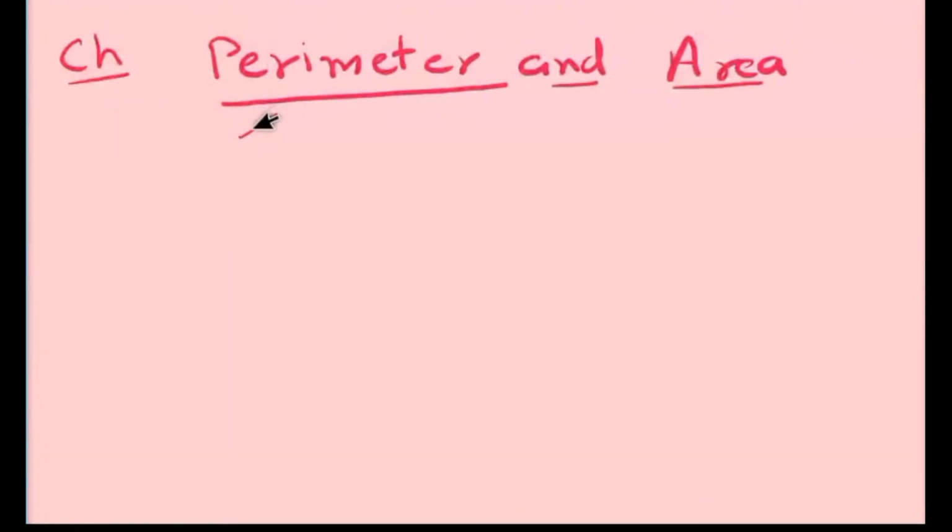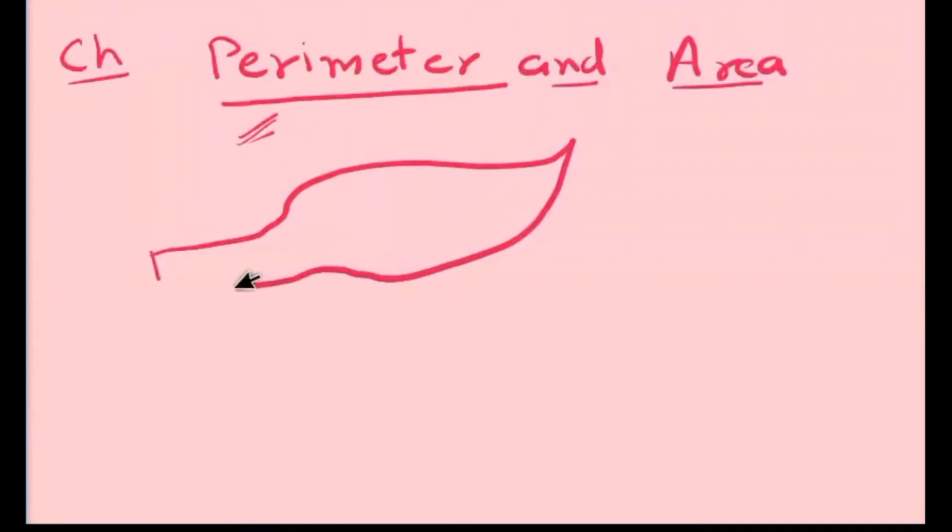So student, first we go through the topic perimeter. We take a shape this way, that is, a leaf. Now if we want to know the outer boundary, perimeter means boundary, this boundary.